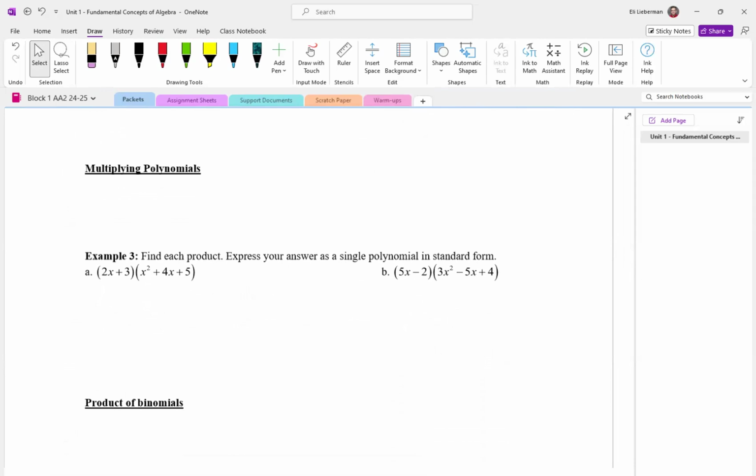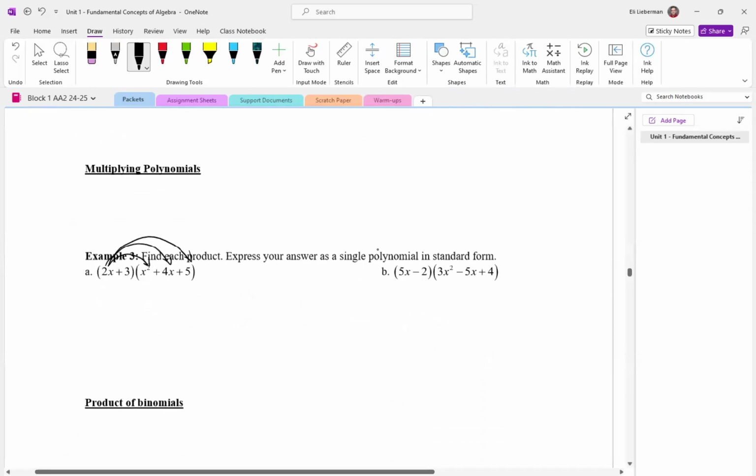Yeah, distributive property. So like that 2x. Do you like the rainbows? You don't have to do those. That's just the thought process I'd like you to go through. So it's 2x cubed plus 8x squared plus 10x.